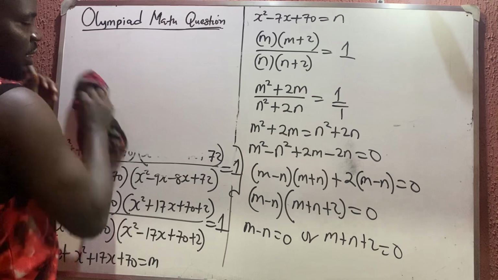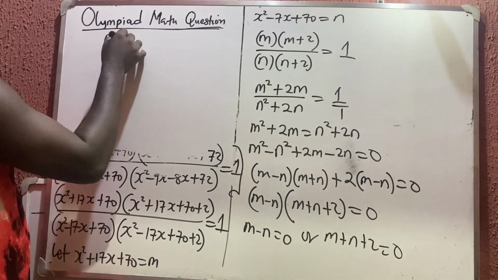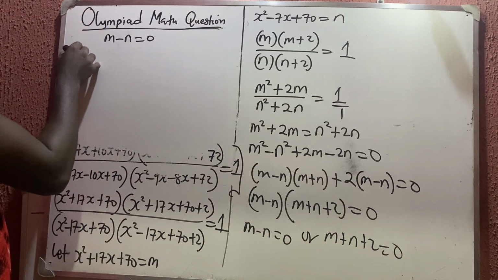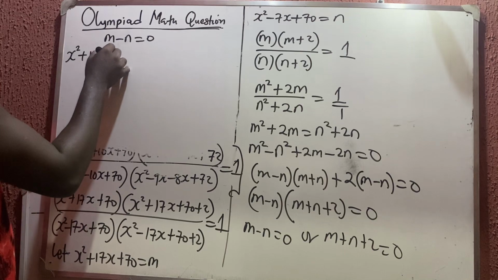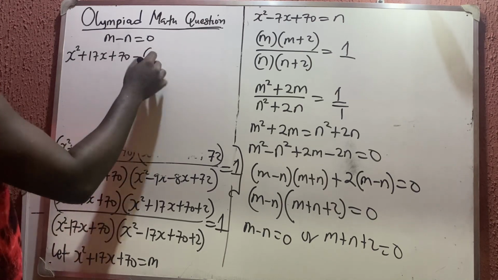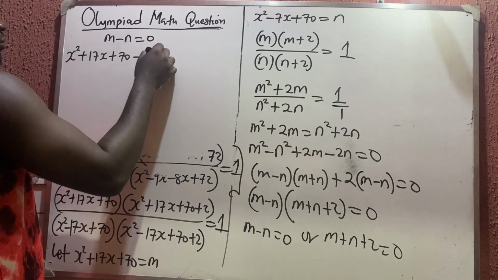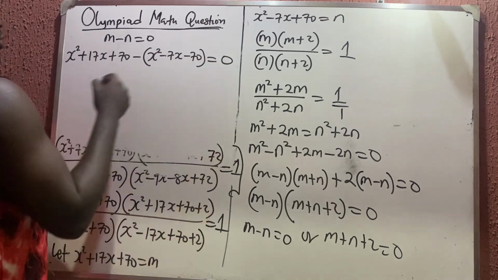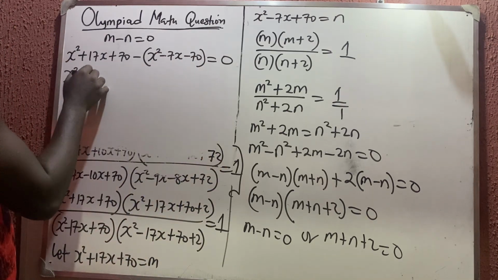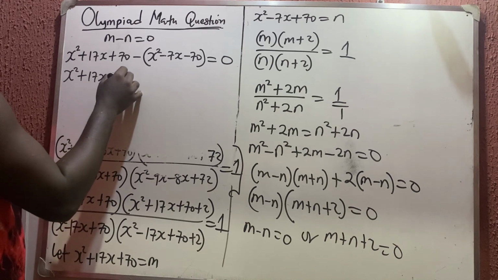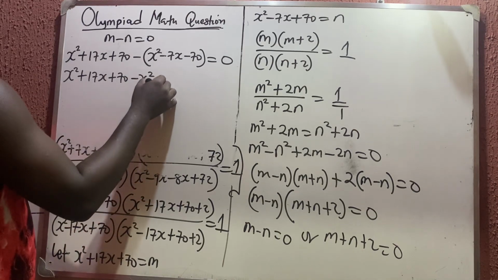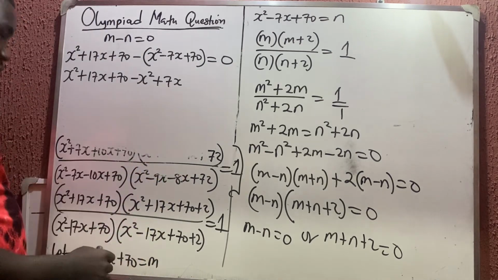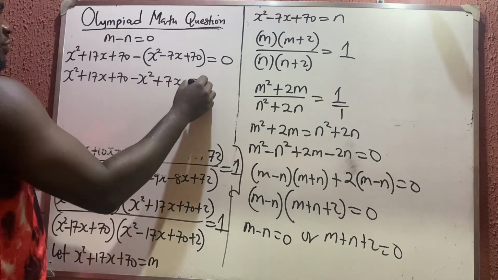So now let us take the first case, where m minus n is 0. Now what is my m? My m is x squared plus 17x plus 70, then minus my n, x squared minus 17x plus 70, is equal to 0. So let's open bracket: x squared plus 17x plus 70 minus x squared plus 17x, then minus 70 is equal to 0.